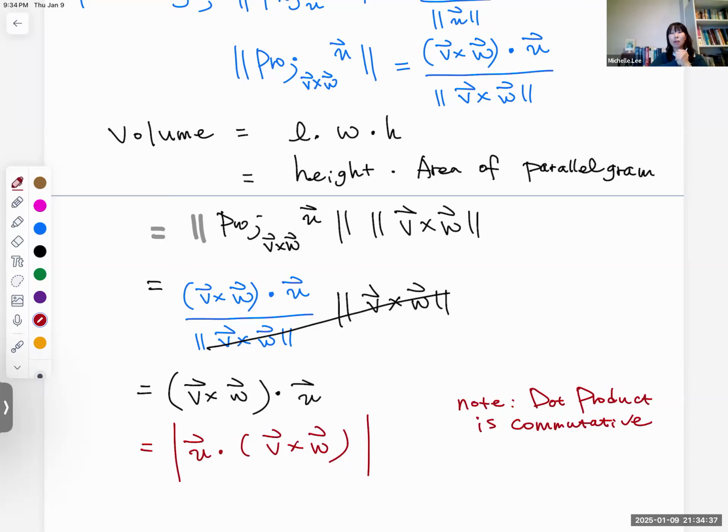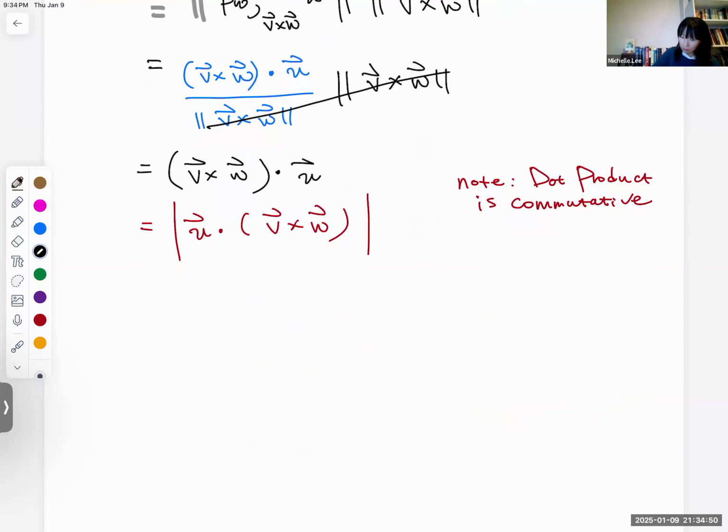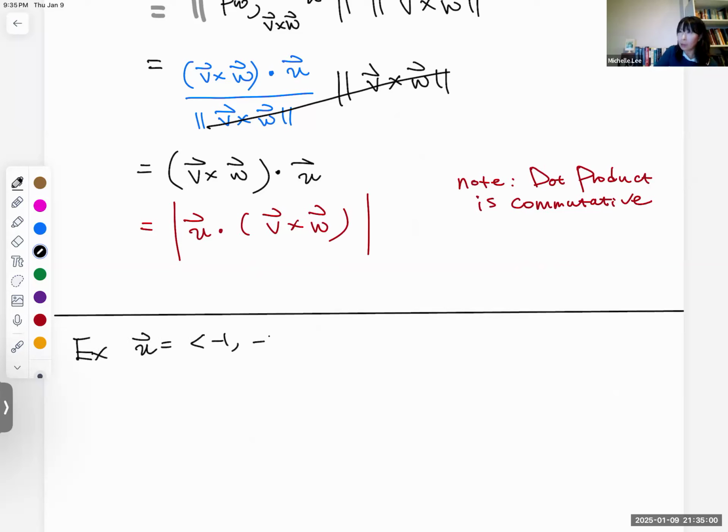One more example. Cross product. We want to find the volume of parallelepiped. All right? Okay. So we have vector u, vector v, vector w, negative 2.